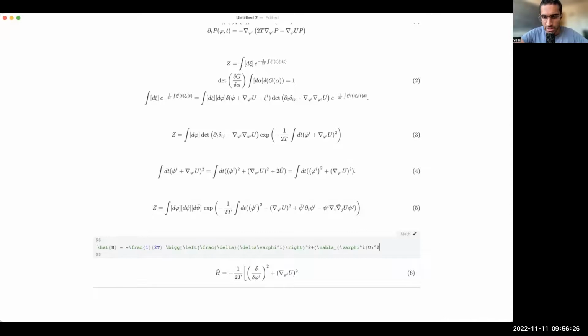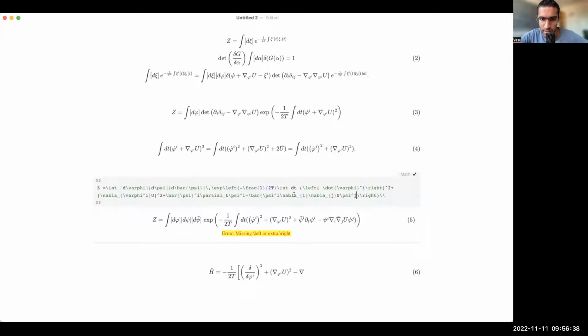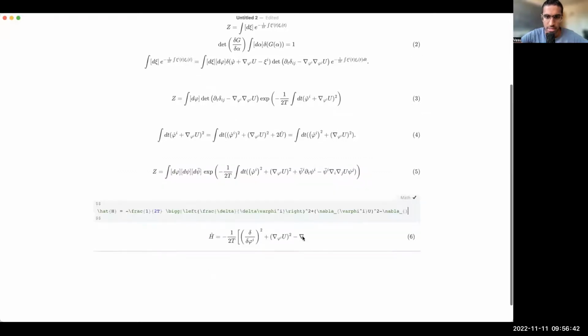And then it's going to have... So here there's a bar misplaced or a bar gone too far. This is what I want.